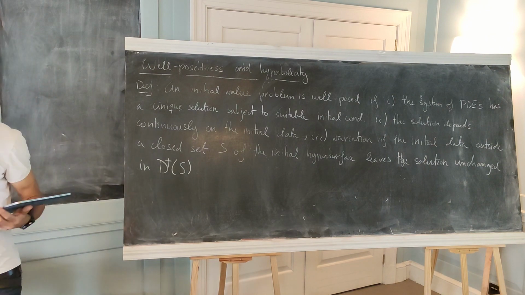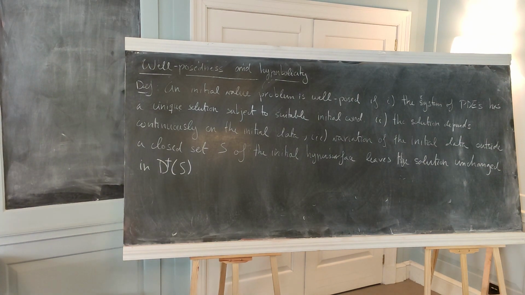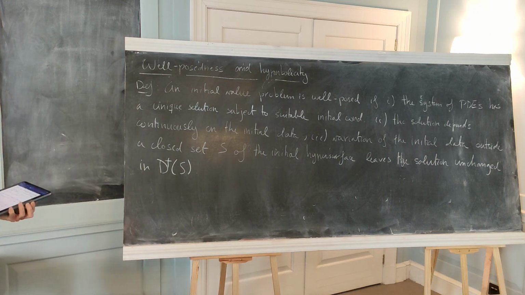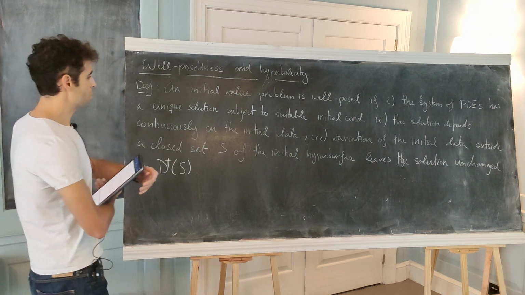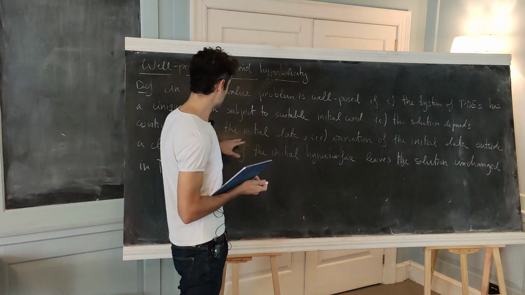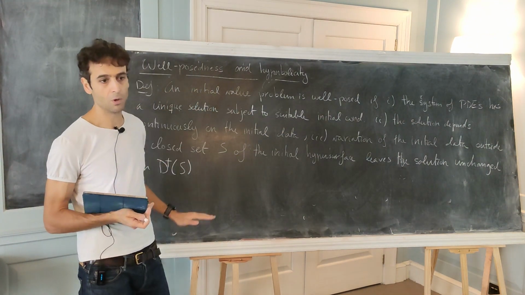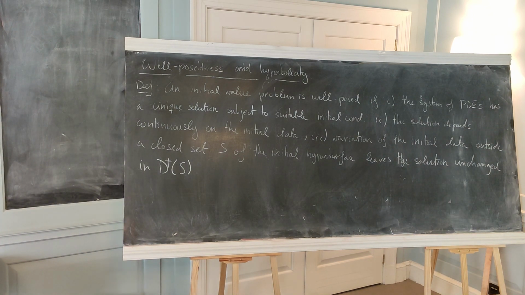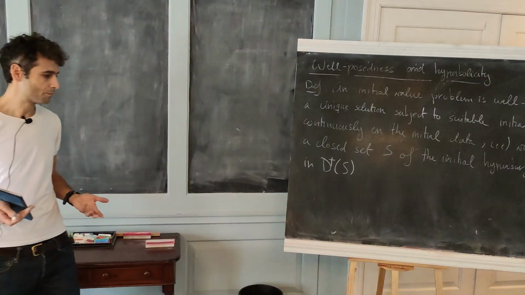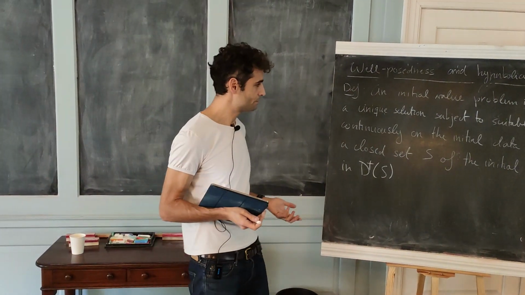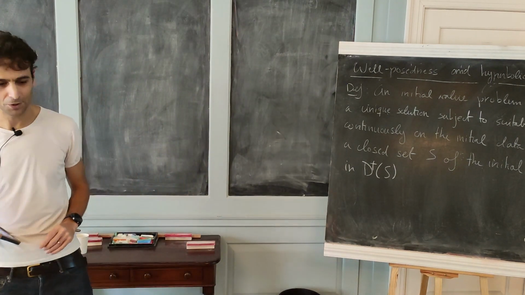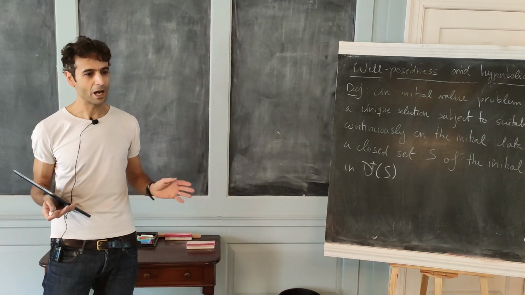Okay, so what do these conditions mean? The first condition, as I said, is that there have to be solutions to the equations that we want to solve, and they must be unique. The second condition is that the solution depends continuously on the initial data. This is a physical requirement because if you think about doing an experiment and setting up your system, in general you cannot tune the parameters of your system initially infinitely accurately, right?